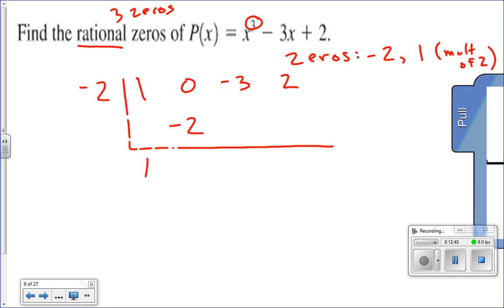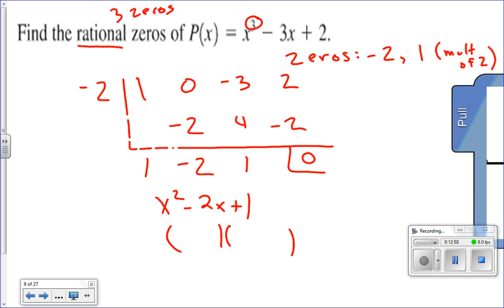Multiply to get negative 2 and add to get negative 2. Multiply to get 4, add to get 1. And multiply to get negative 2. And look, they do add to 0, which tells me that x squared minus 2x plus 1 is also a factor of p of x. But this is factorable. It's just going to be x minus 1 times x minus 1, which gives you the other 2 zeros, which are 1 and 1.